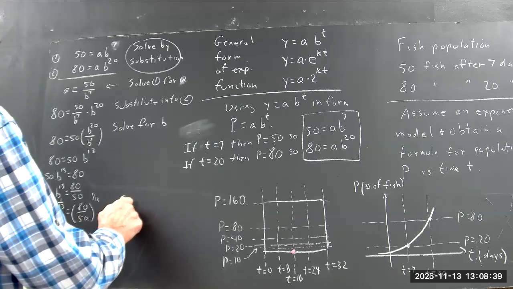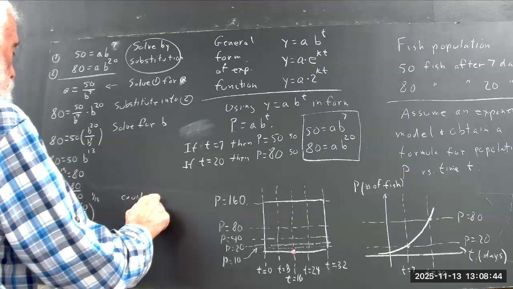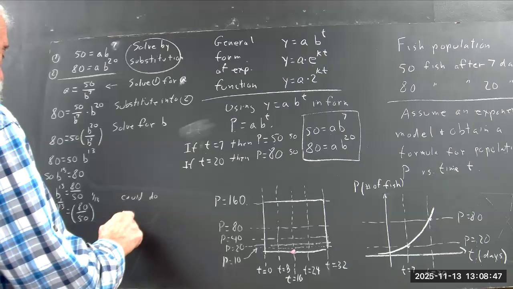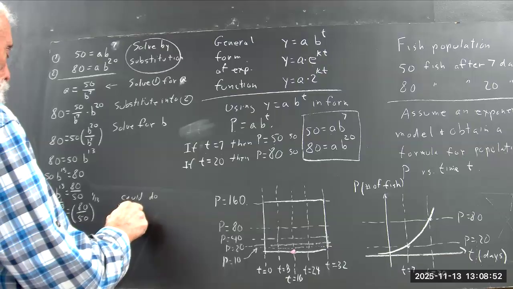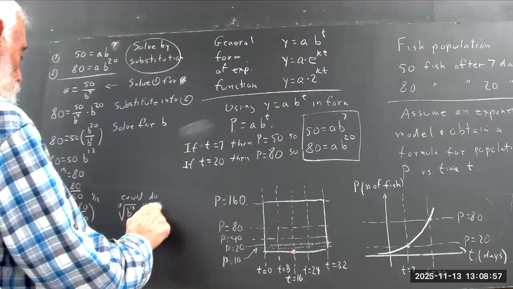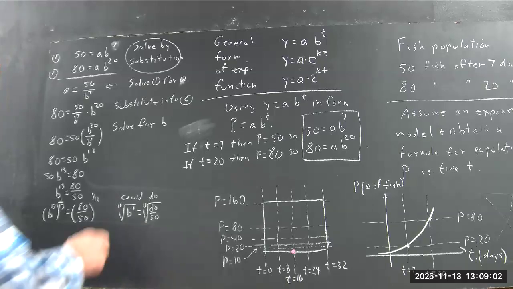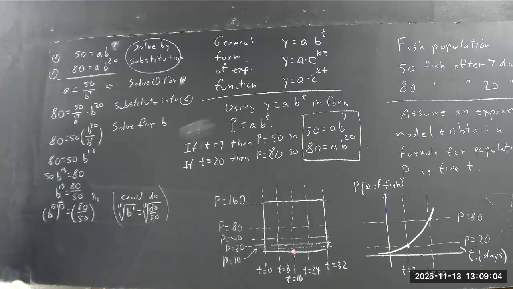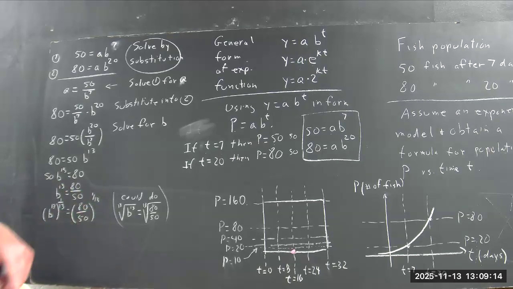Now you could write the thirteenth root of B to the 13th equals the 13th root of 80 over 50. You get the same result. But you just take your calculator, do 80 divided by 50 and raise it to the 1/13th power.